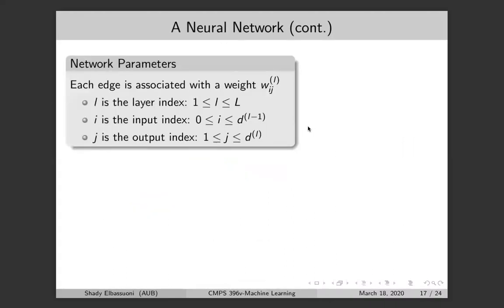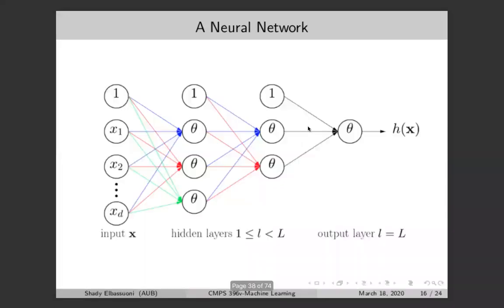Okay, some terminology. Now, each one of these edges that you see: this is a fully connected neural network, meaning that the input is going into every neuron. Each one of these edges is associated with a weight, so it represents a perceptron, if you wish.